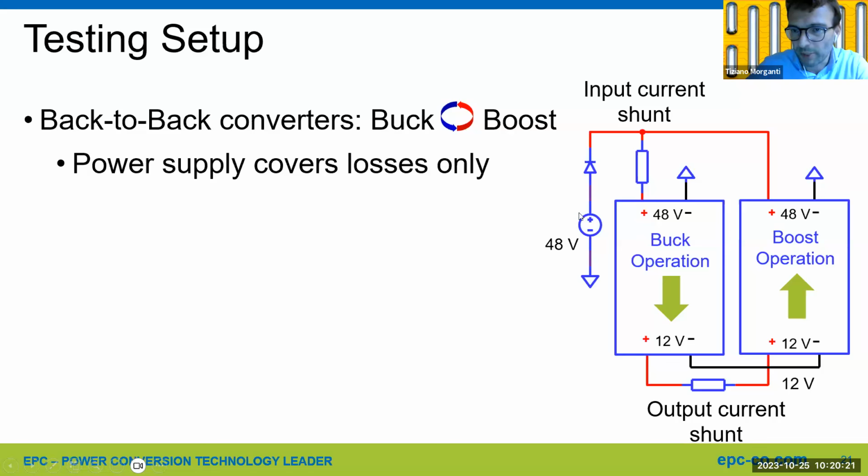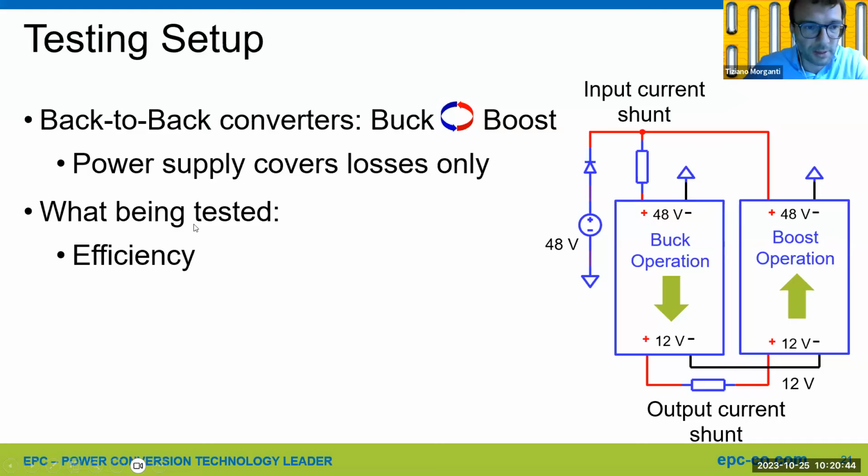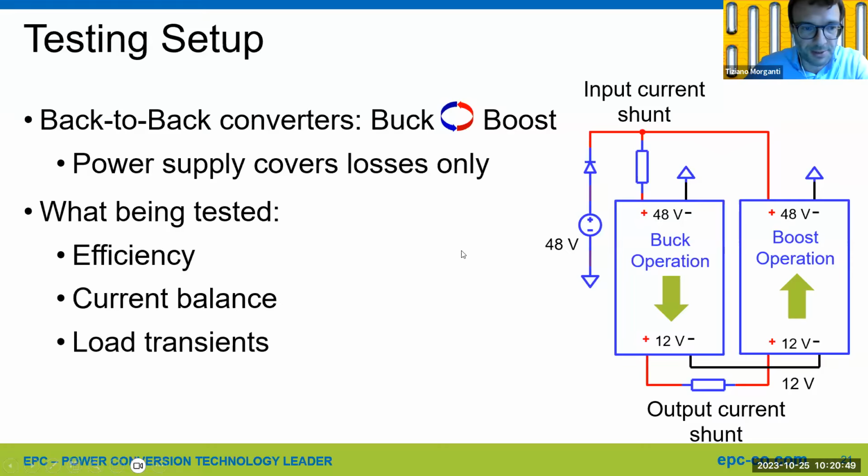An external power supply is needed just to cover the power loss. So basically, the power is recycled by this loopback configuration, and the external power supply is just supplying the losses. So we tested in this way the efficiency, the balance of the current of the two phases, load transients, and startup operation transient.